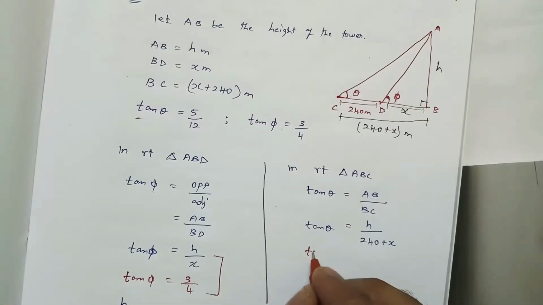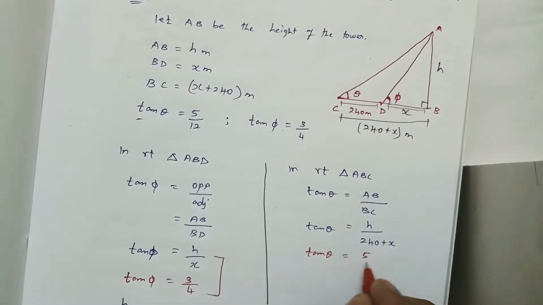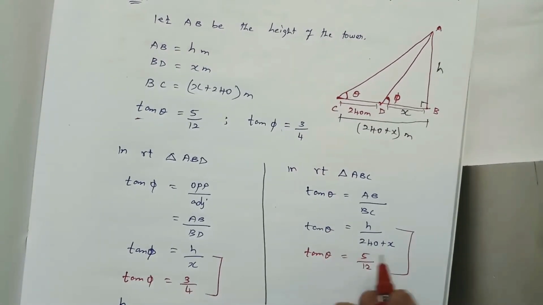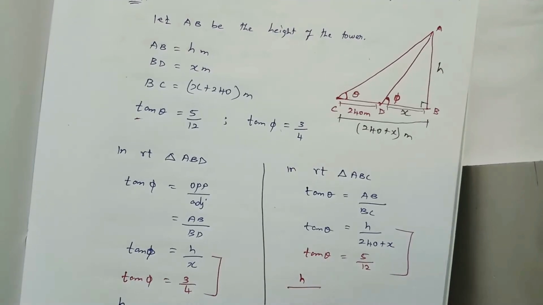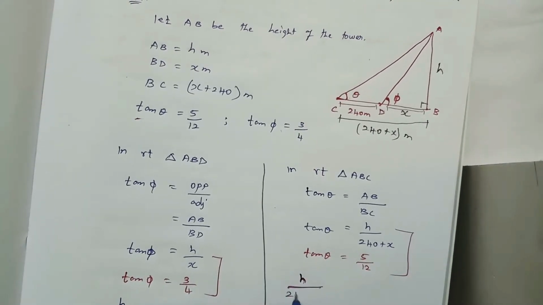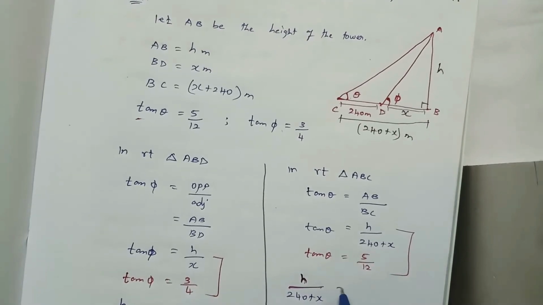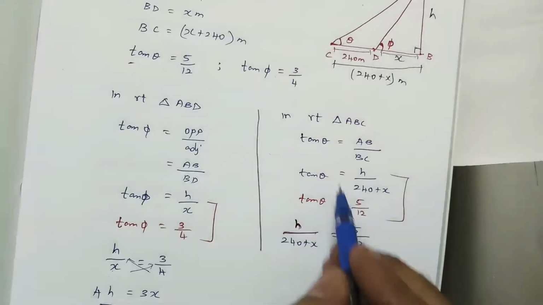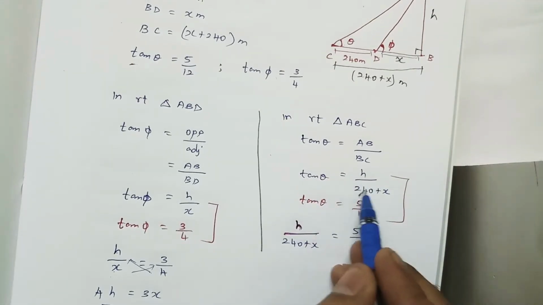By equating these two, tan theta is equal to h divided by 240 plus x is equal to 5 by 12. Understood?